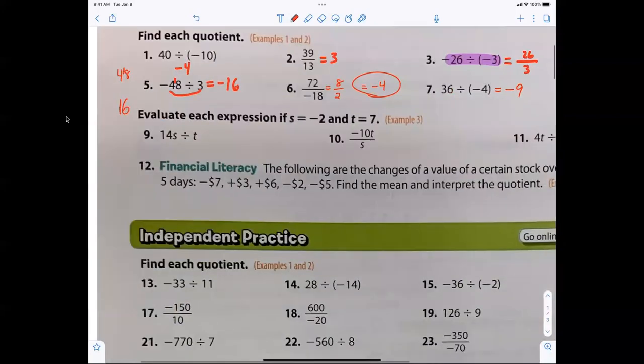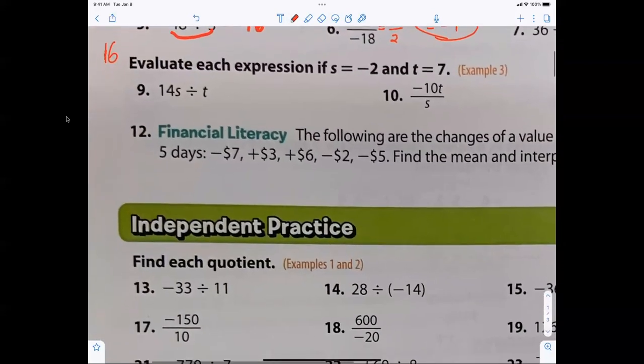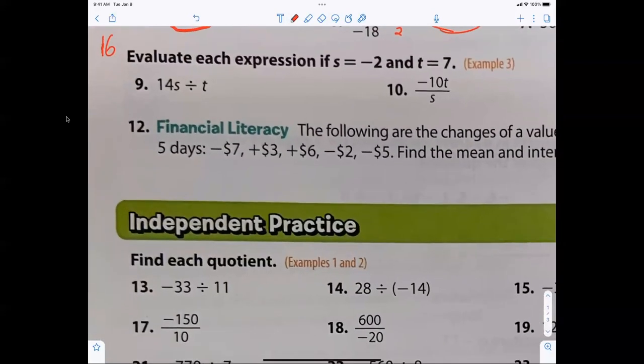All right. Now, okay, so now this I need extra help with. What we're doing is 14 times S, correct? So tell me what S is. Right, so I'm going to go 14 times -2, and then I'm going to divide that by what? Yes. All right.